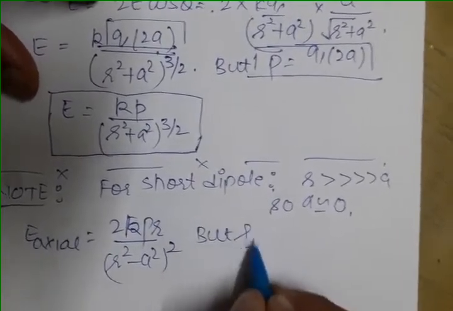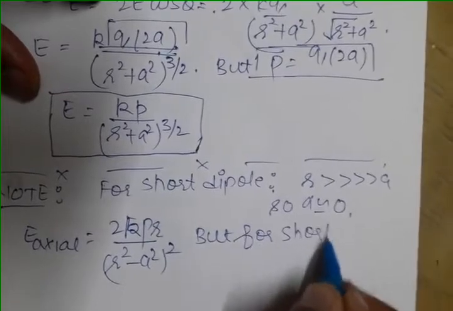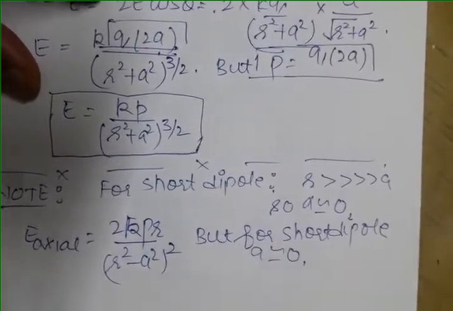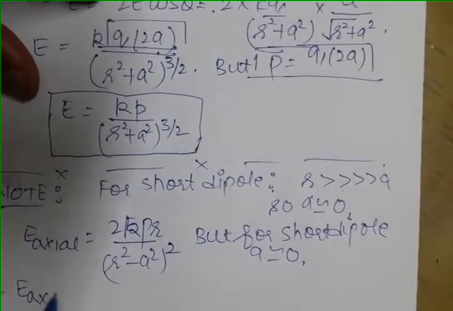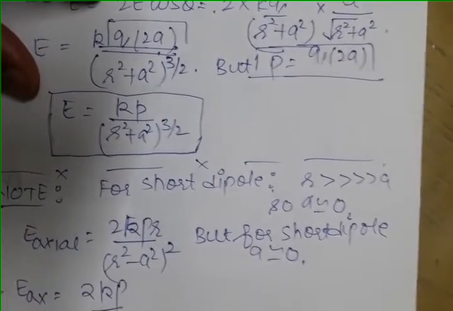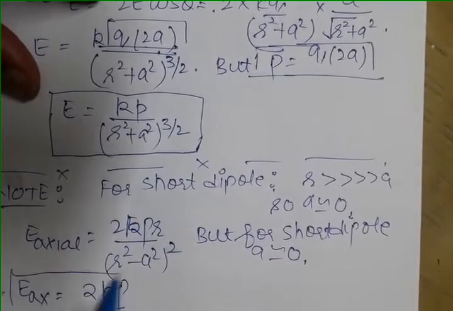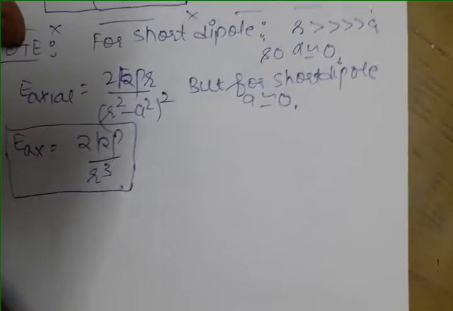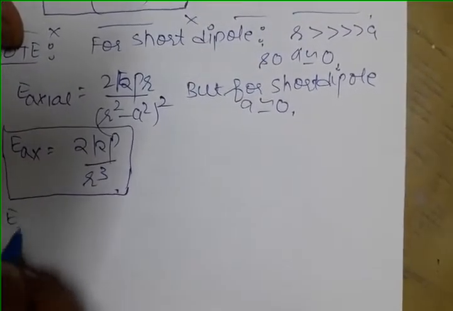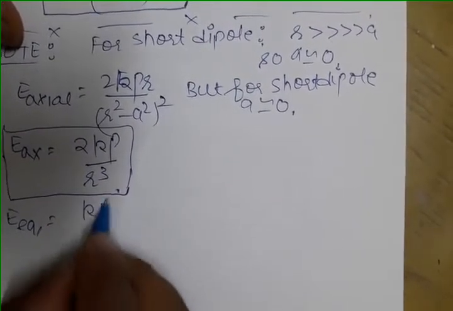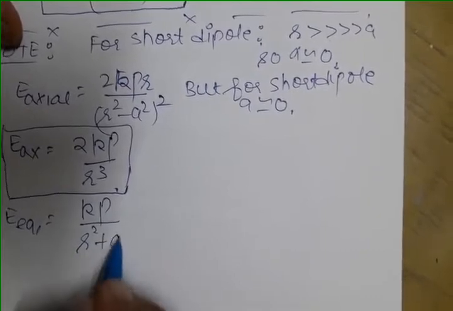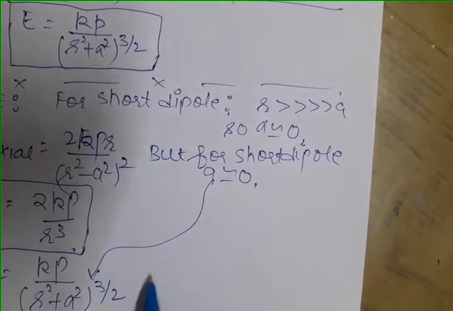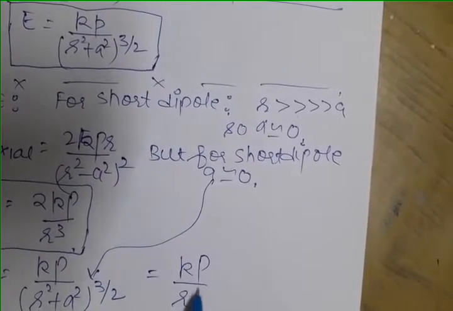But for a short dipole, a is approximately 0. Therefore, E axial will be equal to 2kp upon r cube. Similarly, for equatorial it is kp upon r square plus a square to the power 3 by 2. But for a short dipole, a is 0. If you put it, you get kp upon r cube.